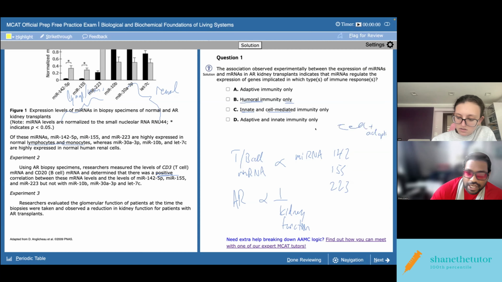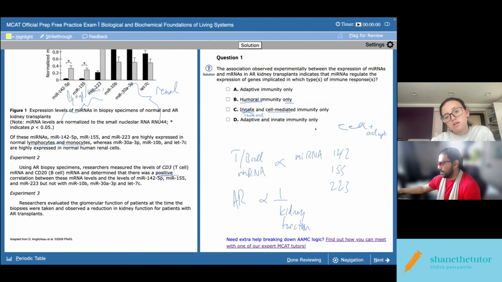But if you were to change some of the words in the choices, that could be a good exercise as well. Like if I changed innate here and wrote humoral for C, it should be right. Wouldn't that be the same answer choice as A?